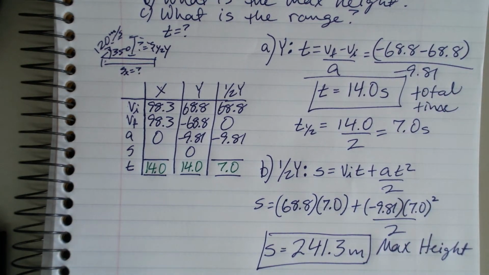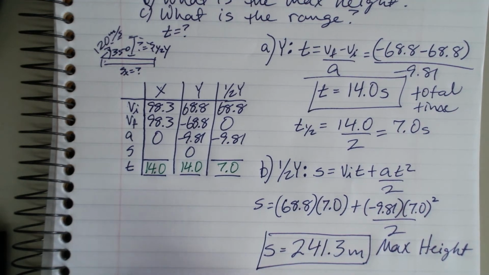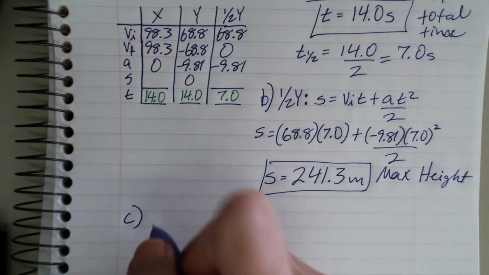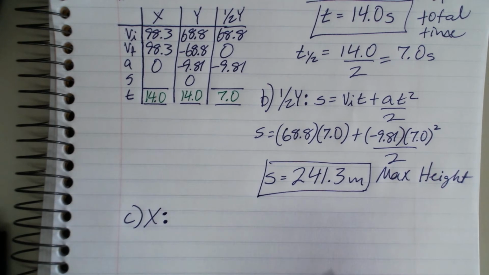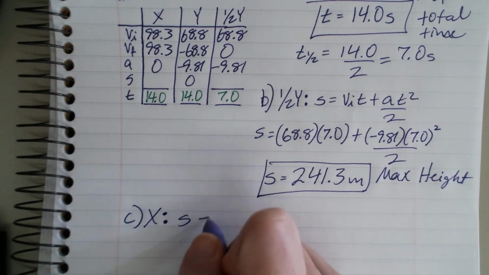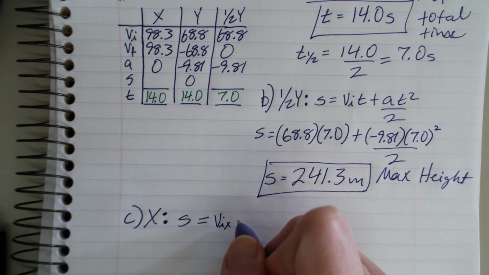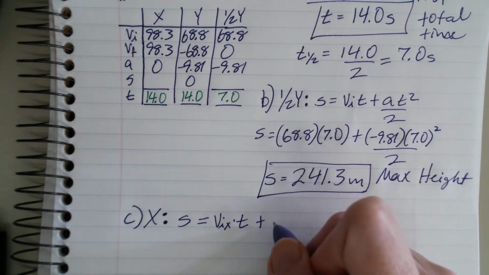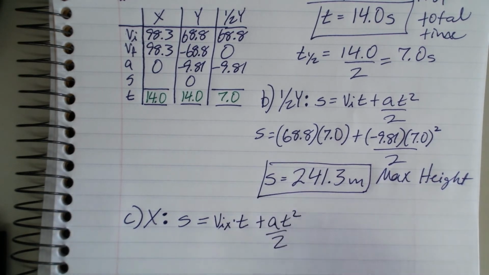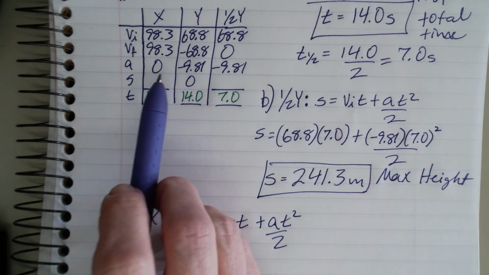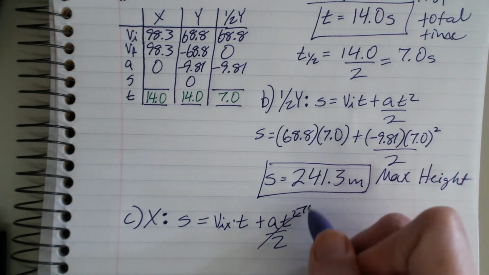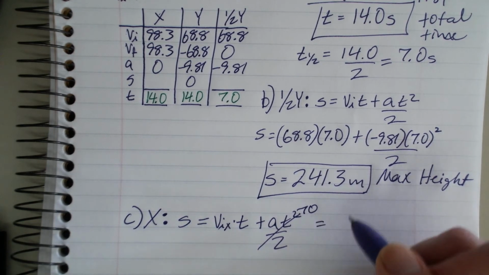So then the last thing that I need to know is the range. For part C, I'm going to use my X data for the range. S in the X is equal to VIX times time. And you could tack on, if you wanted to, plus AT squared over 2. But just remember that the acceleration in the X is 0, which means that AT squared over 2 is also 0. So then you just plug in what you have.